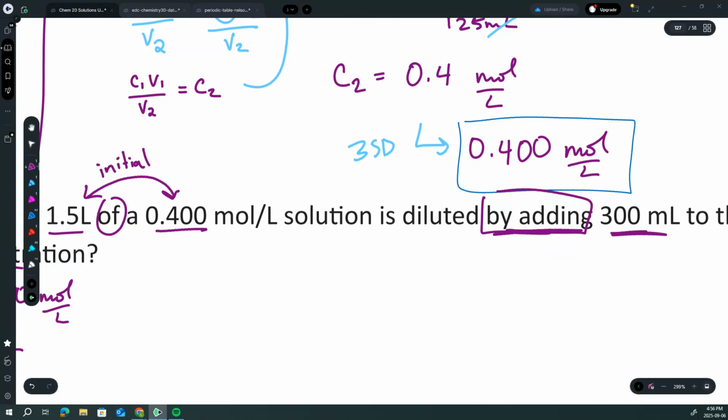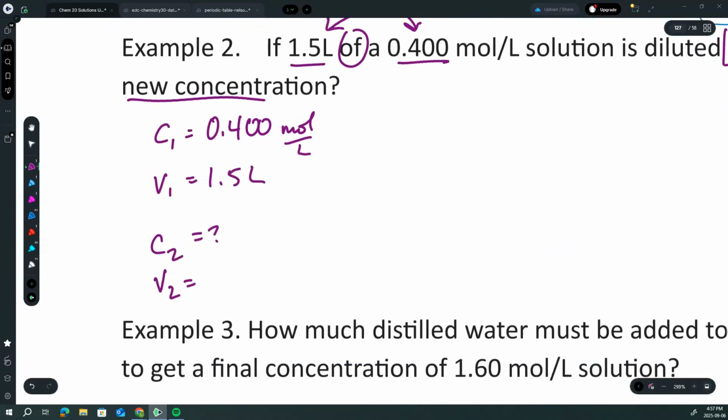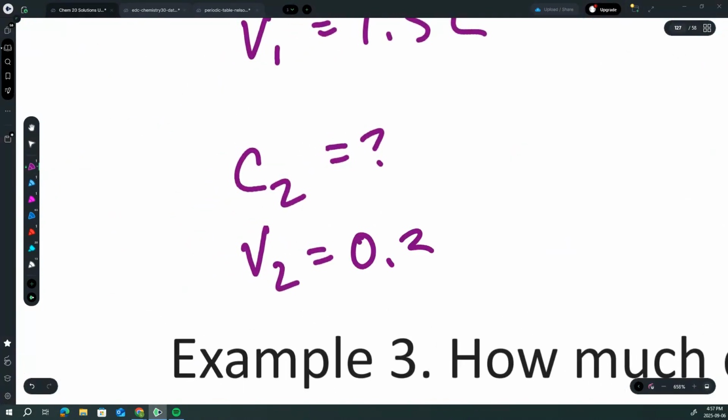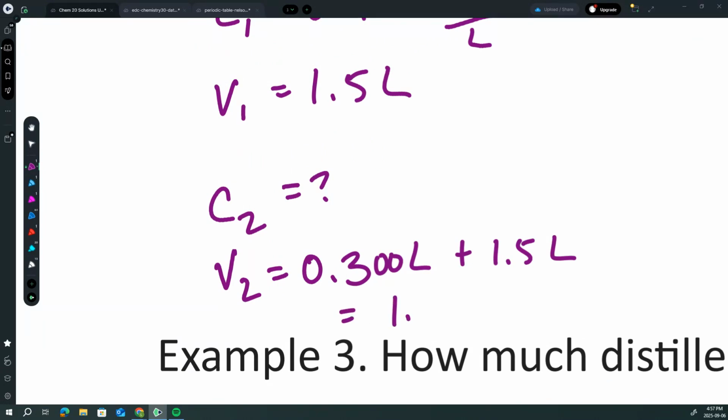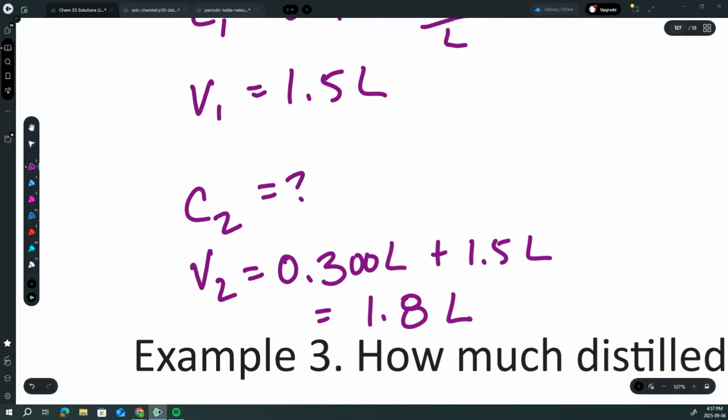But the problem is that liters and milliliters are 2 different units. So we either need to convert liters to milliliters or milliliters to liters. Arbitrarily, I'm going to convert milliliters into liters by dividing 300 milliliters by 1,000, which is going to give us 0.3 liters, and I'm going to add it to the 1.5 liters, so that's going to give me 1.8 liters.